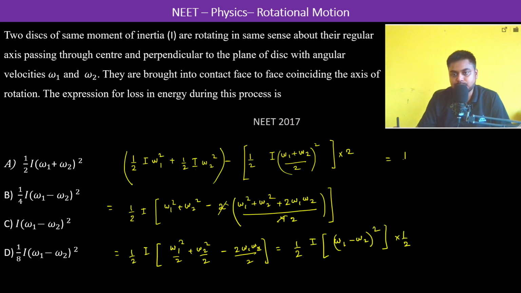Therefore this will be equal to 1 by 4 I into omega 1 minus omega 2 whole square. So the answer is going to be B.